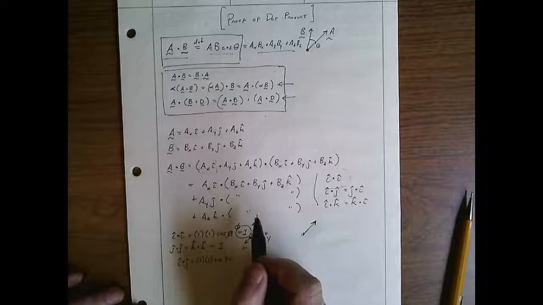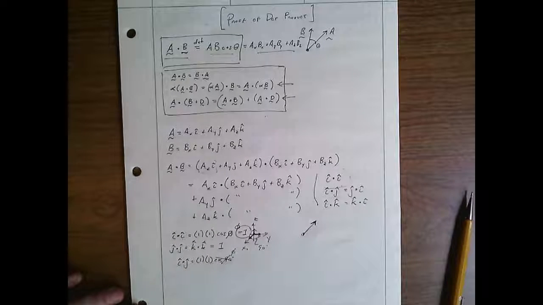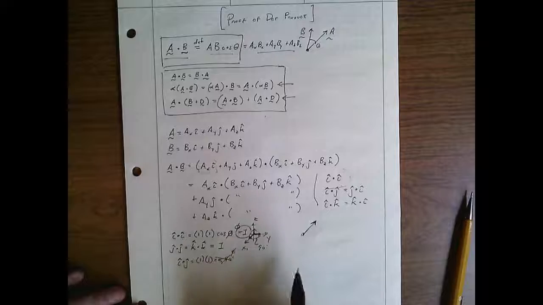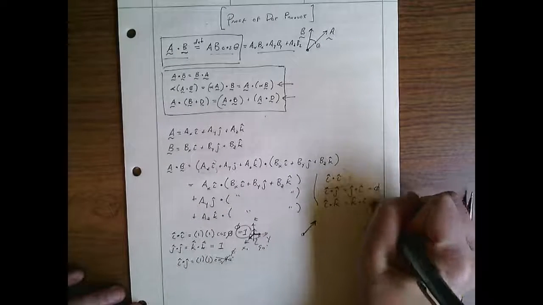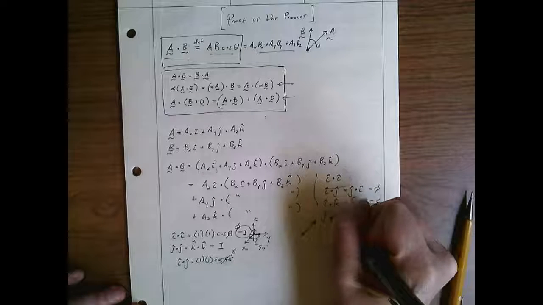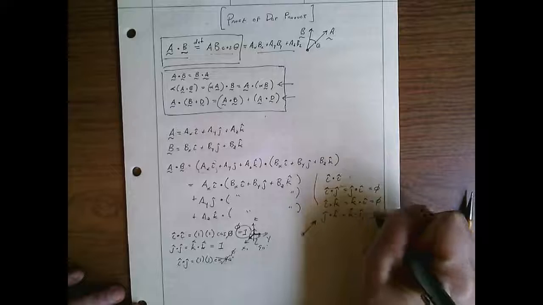Cosine of 90 degrees is equal to 0. So anytime you have a different standard unit vector dotted with it, it's going to be equal to 0. So this is 0, this is 0, and J dotted with K equals K dotted with J, which is equal to 0.